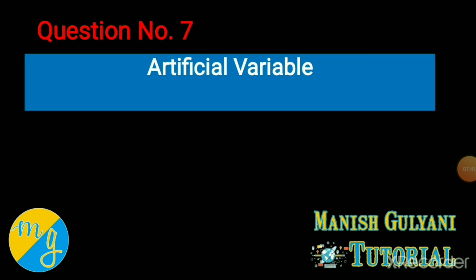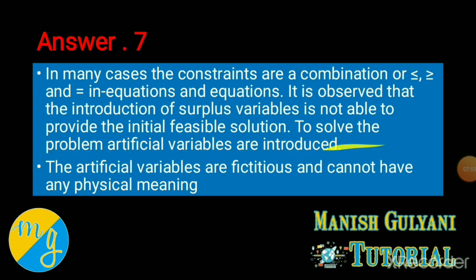Now the next concept is artificial variable. This concept you have also heard in linear programming. Artificial variable is denoted by A1, A2, A3. Now what is artificial variable? As you have observed in the formulation of linear programming, the first step is to make equations. An equation may be in the form of less than, equal or greater than.